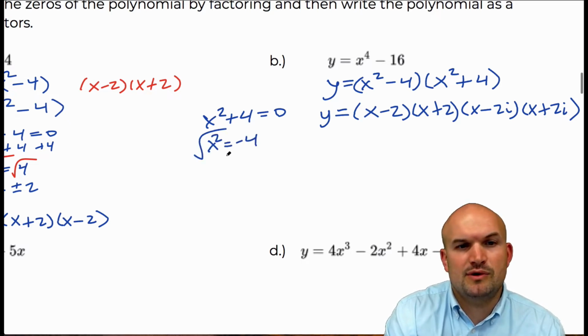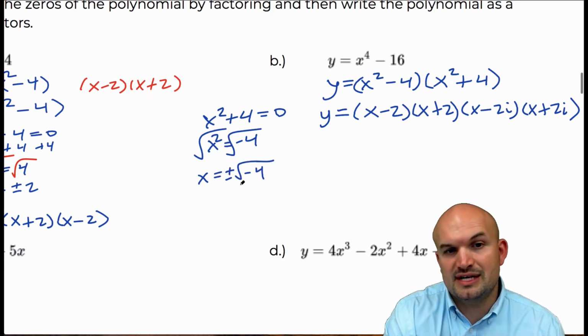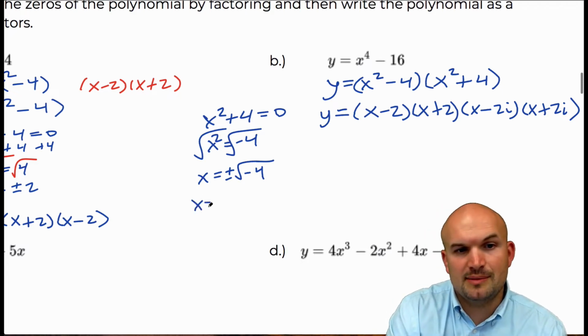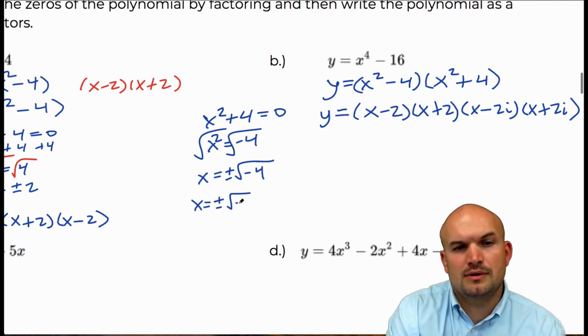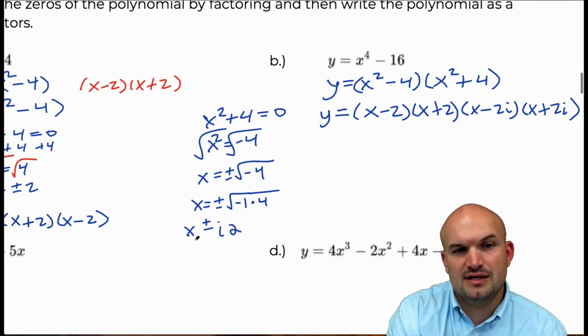And then you take the square root of both sides, and you have x equals plus or minus the square root of negative 4. Well, again, guys, remember you can break that up, negative 1 times 4. So now the square root of negative 1 is i, and then you have 2. Or usually we just write that as 2i. So x equals plus or minus 2i.